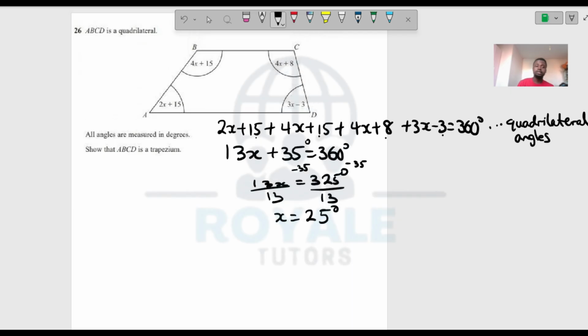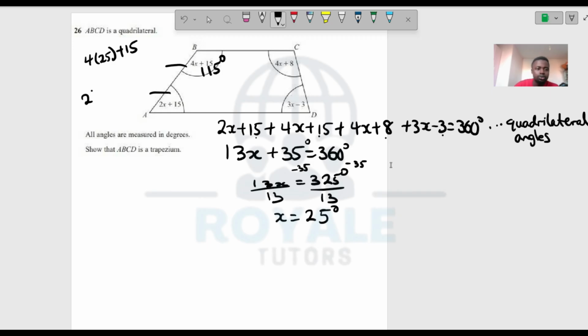If x is 25 degrees, that means we can tell what each angle is. The first one here is 4x plus 15, which is 4 times 25, that's 100, plus 15, it is 115 degrees.